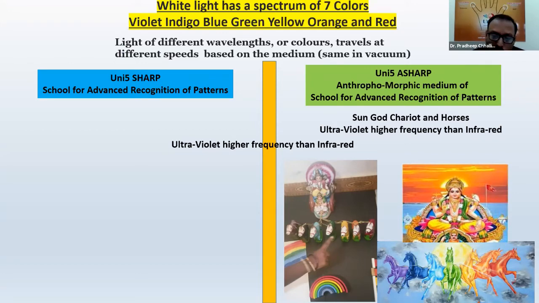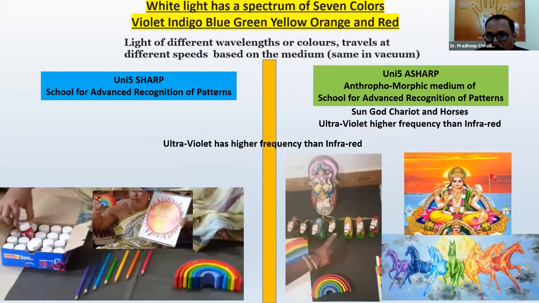Now this is the study. Is the SHARP model better or the A-SHARP model better? Of course, we already know that the SHARP model is much, much better than a teacher coming with a book, standing in front of a blackboard and teaching. There the span of attention is not good.